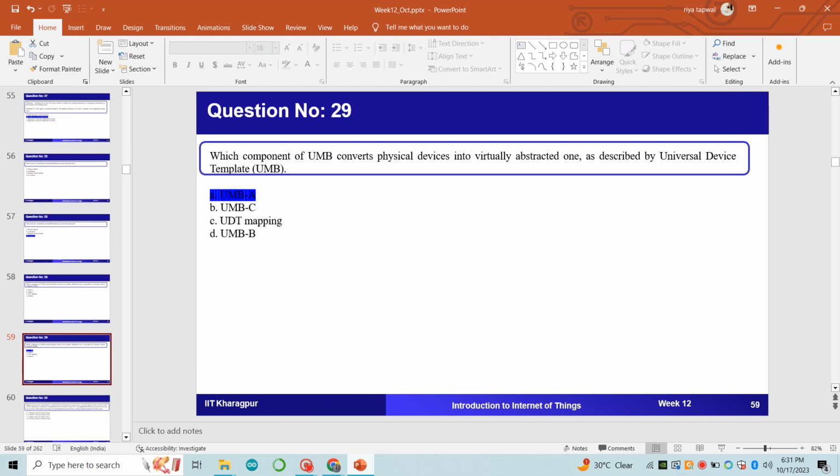Yes, it's UMB-A. And can anyone tell me the functionality of UMB-C? Routing the data? Am I correct?